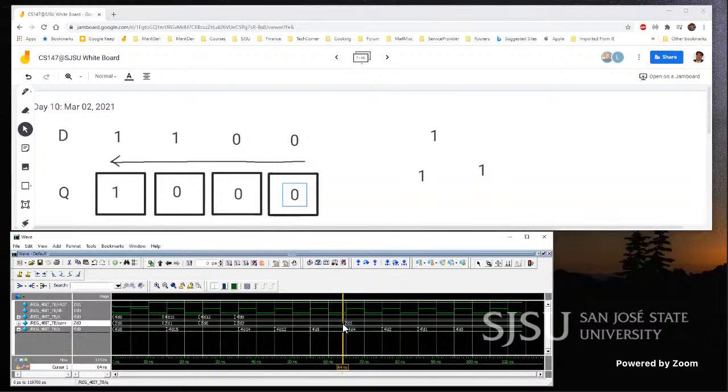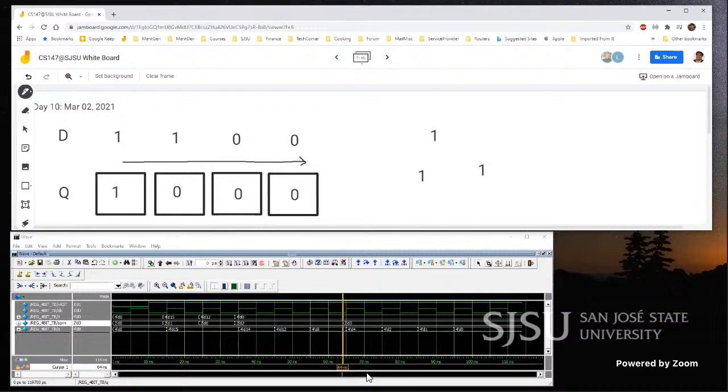And now at this point, we actually reverse the shift direction. We basically said that now at this point, we do a right shift. And remember, right shift follows the D3 bit. Oh, by the way, D was 0, right?